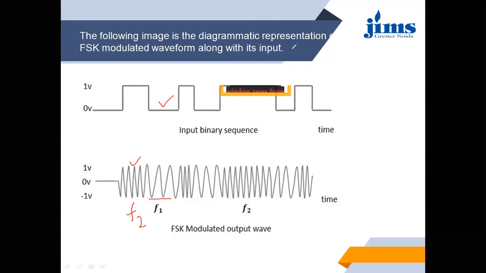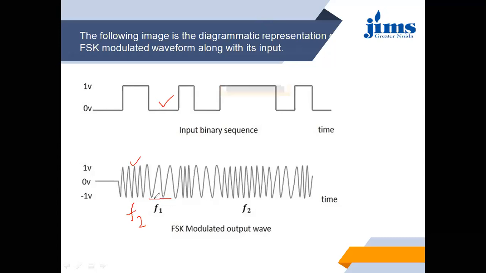Okay, so there are two frequency components, F1 and F2, and they are used in such a way that when the binary data, the input message signal, is high, the frequency is high. When the input signal is zero or low, the frequency is low.